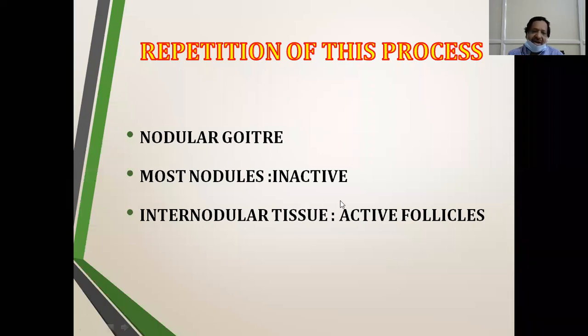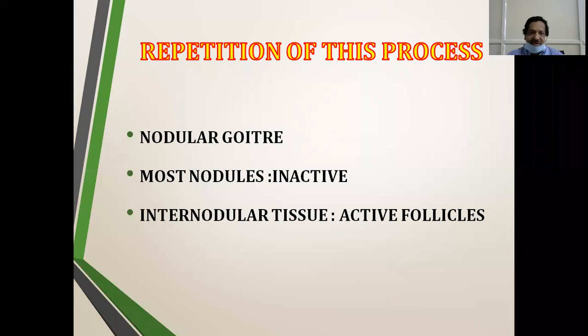Most nodules are inactive. The internodular tissue contains active follicles. This is important clinically. You want to take a biopsy, mostly FNAC. You know which type of biopsy is taken in thyroid, the role of FNAC, role of true cut, role of incision biopsy, or role of sometimes excision biopsy, or role of frozen biopsy.